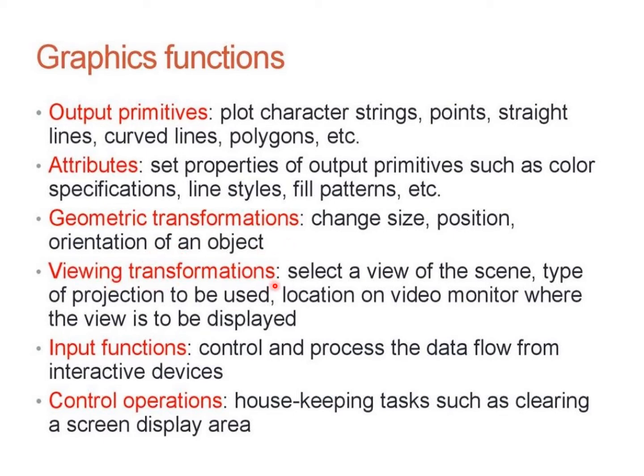Viewing transformations means selecting a view of the scene, the type of projection to be used, and the location on the video monitor where the view is to be displayed. Here, if we think this is the screen, then on this screen we select where we want to see the image, whether in 2D form or 3D form.